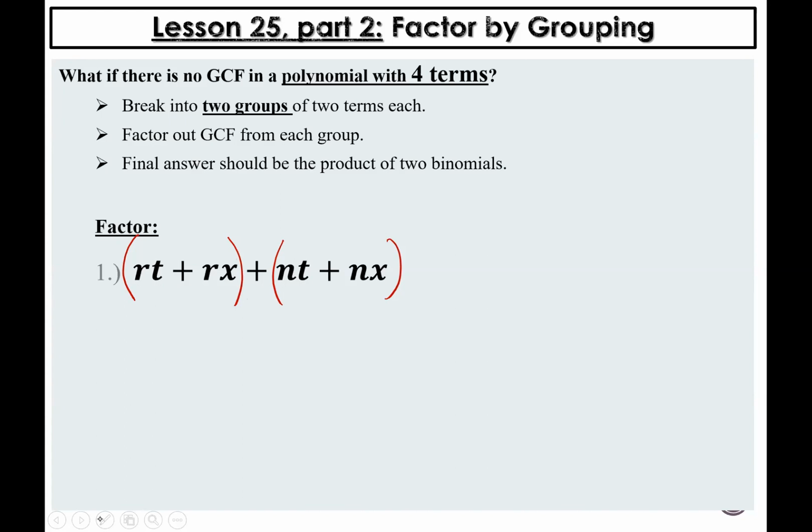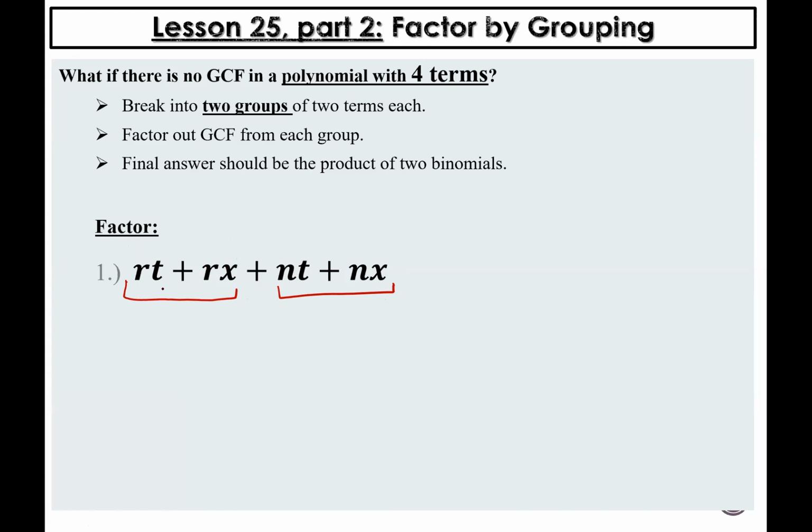But as always, show work in a way that makes sense to you, which is what I'm going to do for myself as well. So find a way to show that you're splitting the 4 terms up into 2 groups of 2 terms each. Now we get to treat each group as its own separate problem.